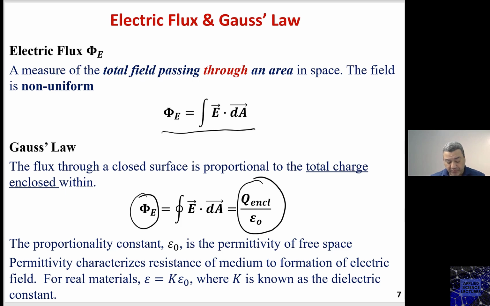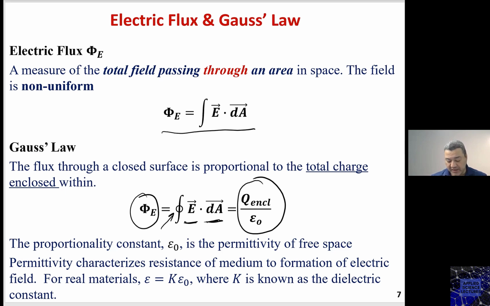The flux also equals the integration, because this is a general case: the integral of the electric field over the differential surface vector of that closed surface. And that's why we have this little circle here. This little circle tells me that the surface I am integrating over is a closed surface.